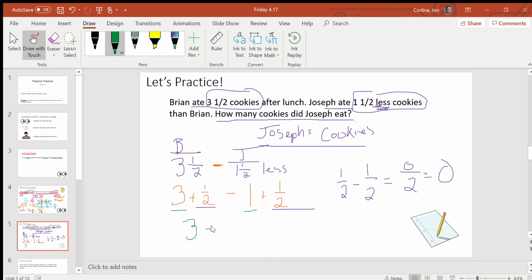It's very simple, just bring it down. 3 minus 1 is 2. And right, our last step is to combine. We have 2 wholes over here and 0 over here. So our final answer is just 2 cookies for Joseph. That's very sloppy.